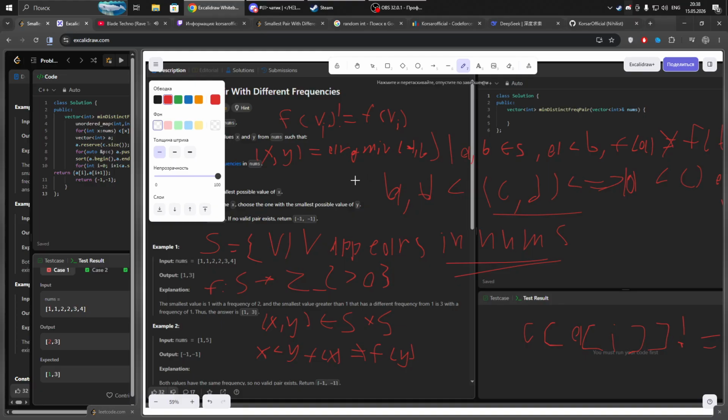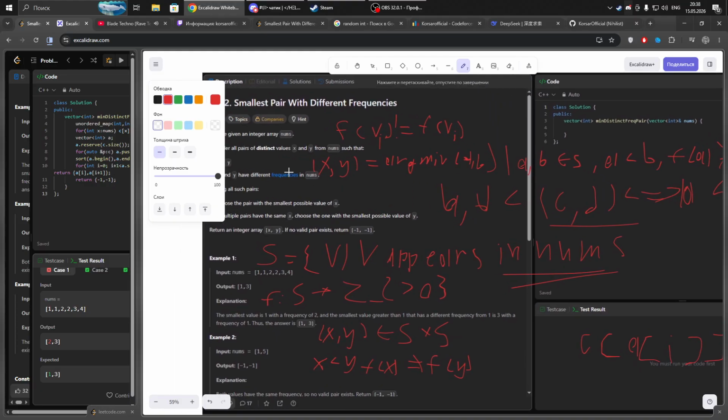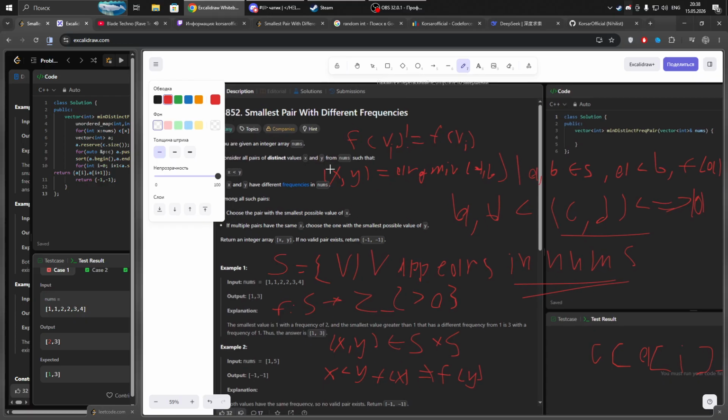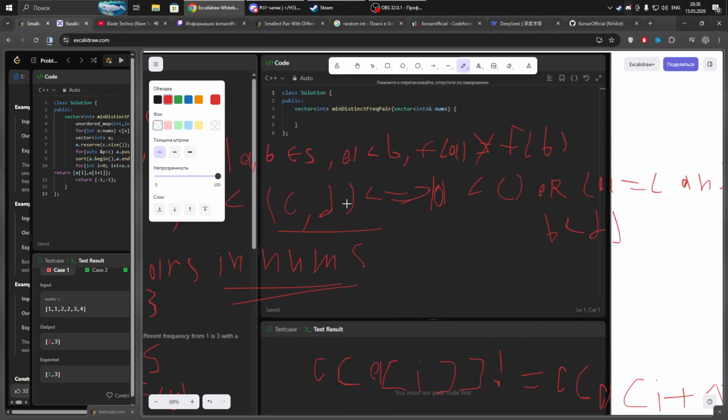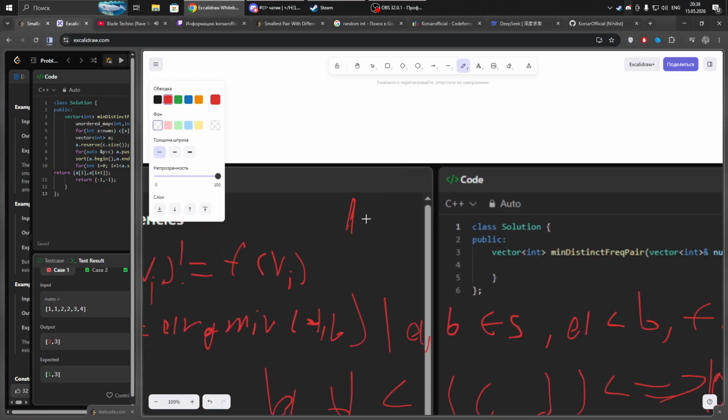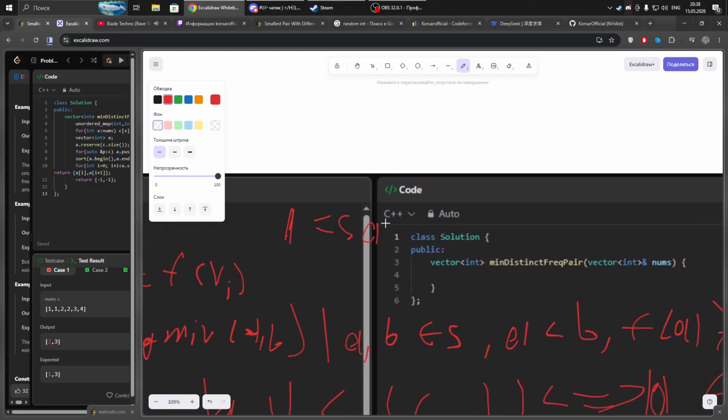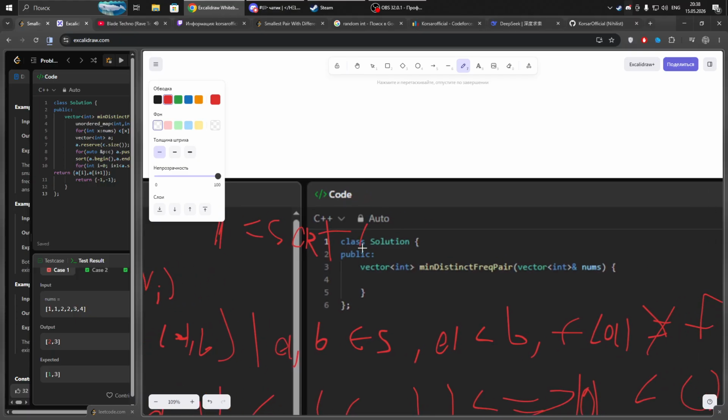So for each value u in nums, f of u equals f of u plus 1. So now we need distinct values.